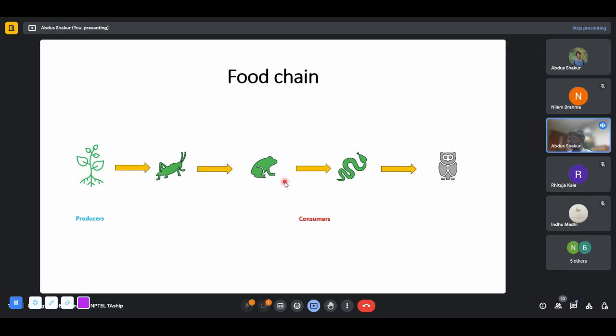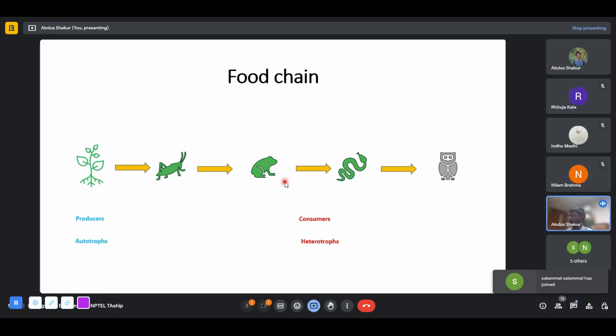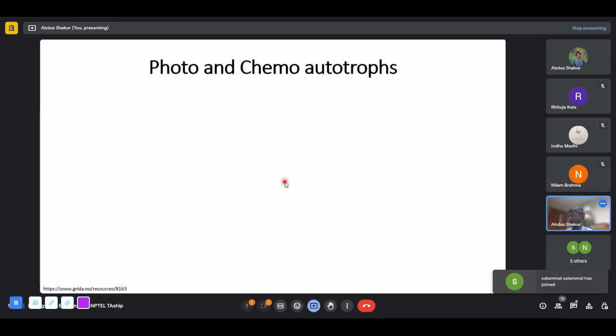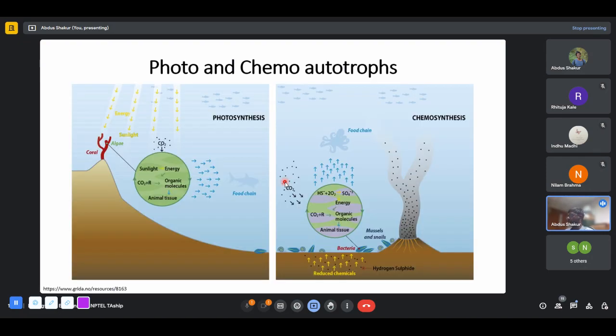They don't produce their own food, they just eat others because they find it very easy to do, right? Most of the producers are autotrophs. The consumers can also be referred to as heterotrophs because they can't produce their own food. They're dependent on others.